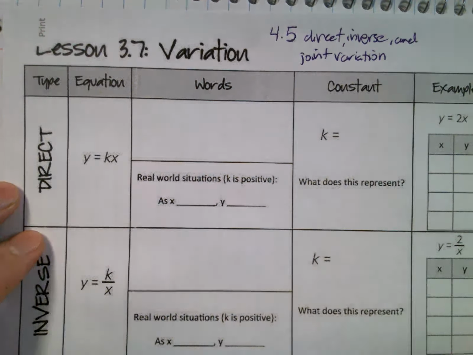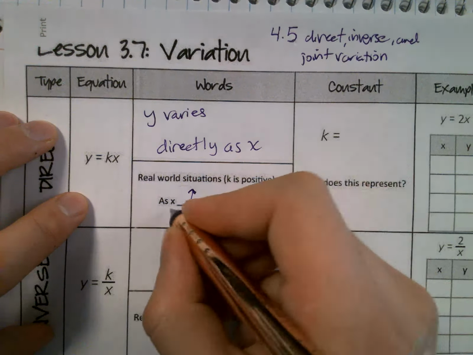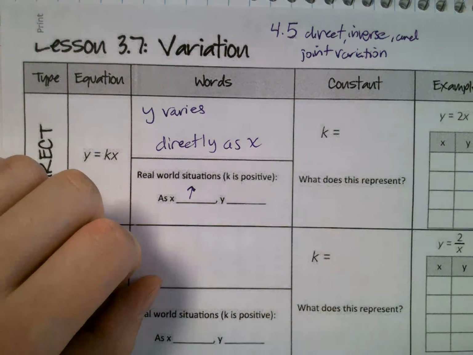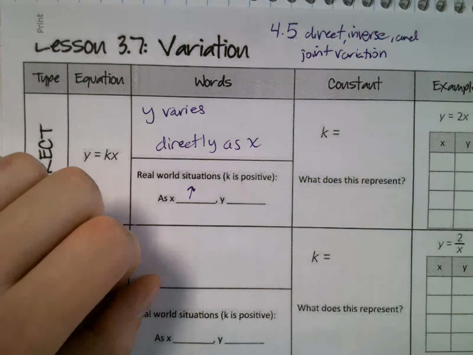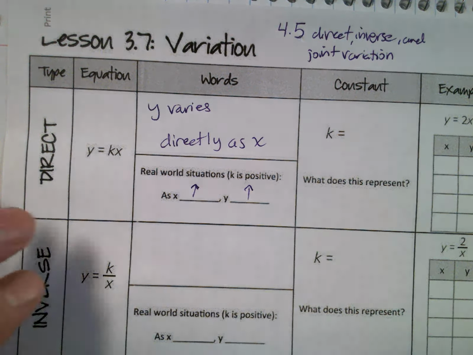In real world situations, k is positive. As x increases, y increases. That's basically what that means. If it's not a real world situation, yes, k can be negative, but that's only in theoretical math. We'll talk about that in the examples.